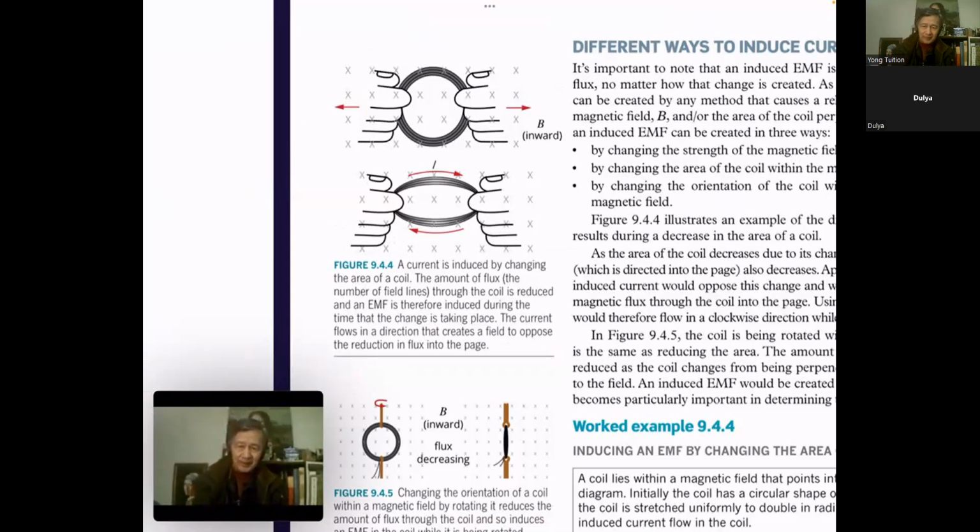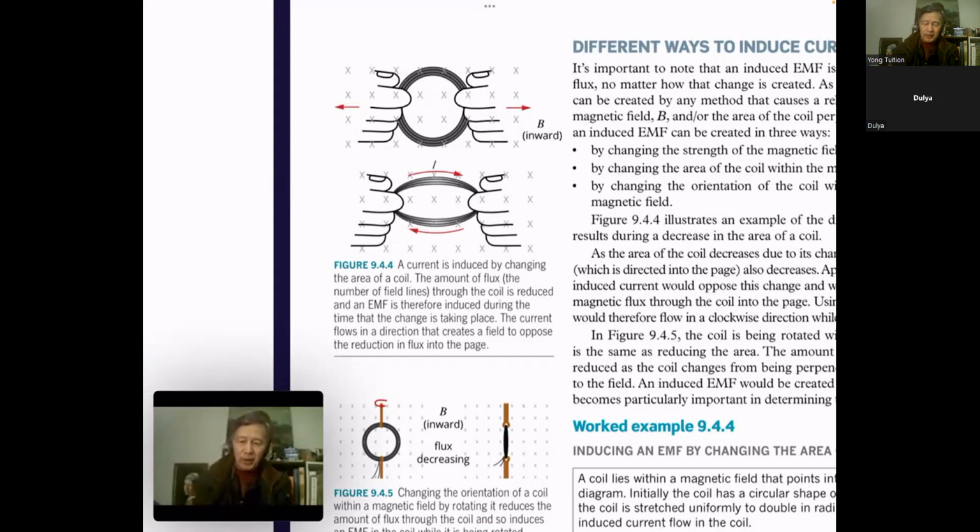Can you read the figure to see what the scenario is? A current is induced by changing the area of a coil. The amount of flux through the coil is reduced and an EMF is therefore induced during the time that the change is taking place. The current flows in a direction that creates a field to oppose the reduction in flux into the page. Do you understand what they say?